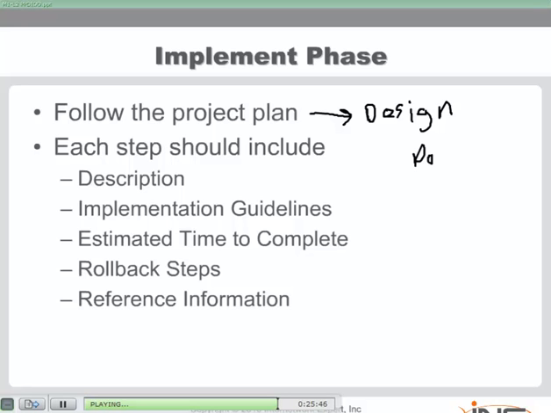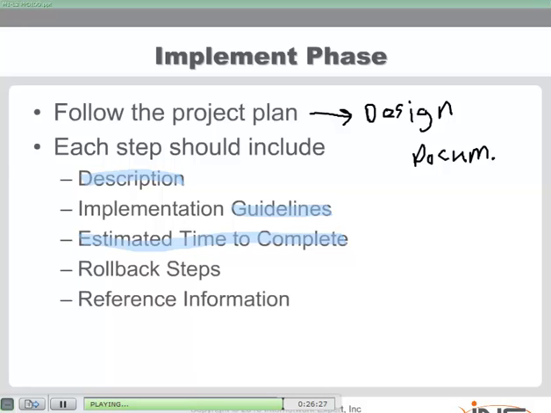That's right. There's going to be the full information we need about the implementation, and that's going to be a huge part of the design document. By the way, in the design document, it's going to detail setting up the network in steps, and the design steps of the network should each include a description of what's going to happen in this implementation step, what guidelines there are for the implementation, how long that particular step in the implementation should take.